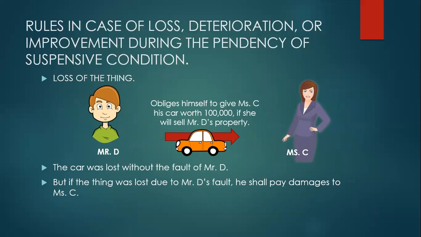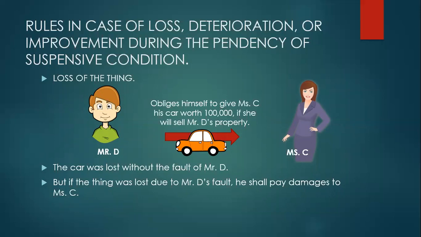Then, what is the rule? Under Article 1189, the obligation is extinguished and Mr. D is not liable to Miss C even if Miss C sells the property.